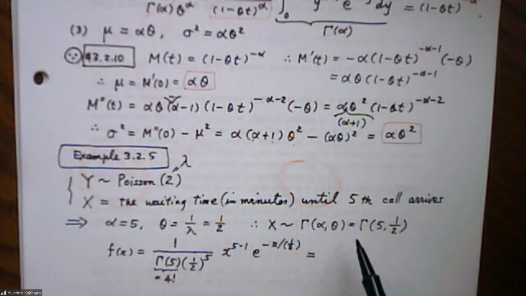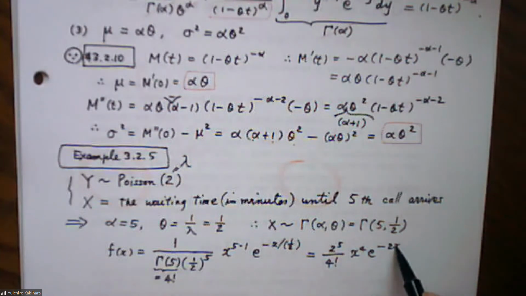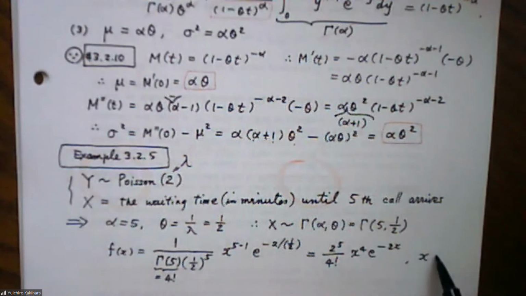The denominator is 4 factorial. And then x to the 4th, times e to the minus what? Dividing by 1/2 is the same as multiplying by 2, so this is e to the negative 2x. So this is the density function.